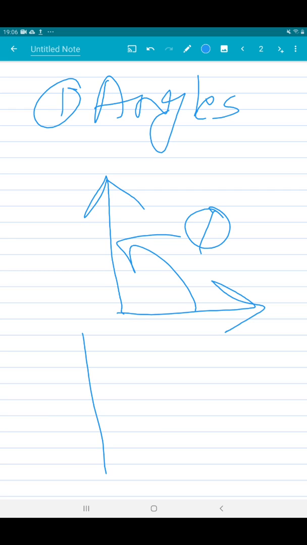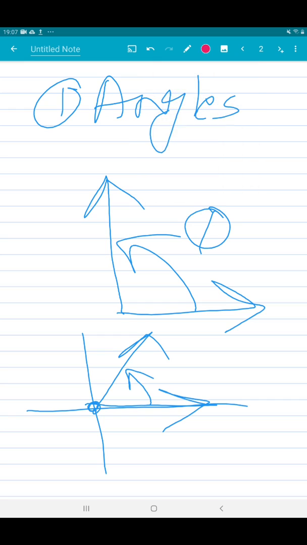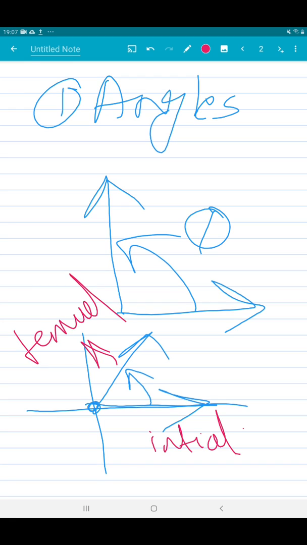For example, this is the vertex, the initial side, the terminal side, and this is the angle. Initial, terminal, and the angle is theta.